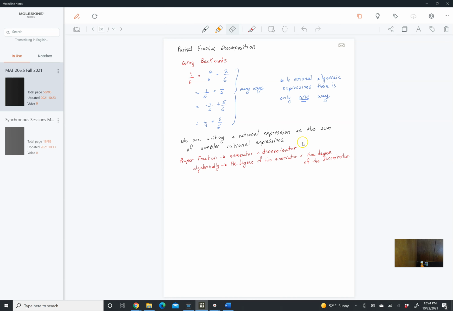Okay, 4/6 is a proper fraction if we're just talking about numbers. X squared over x cubed is a proper algebraic fraction. Okay.